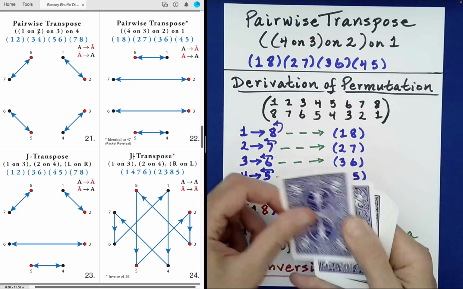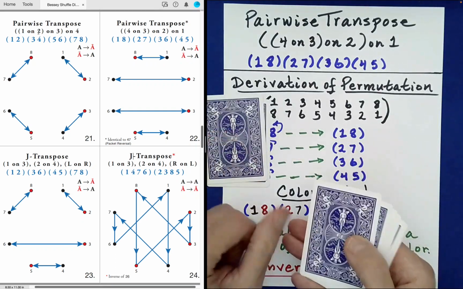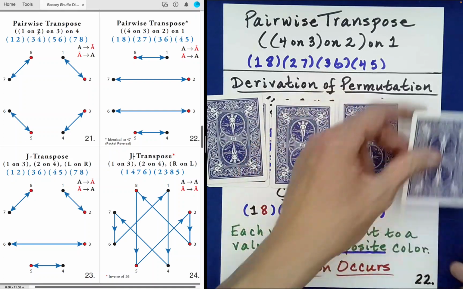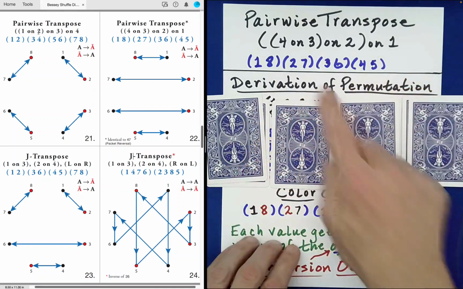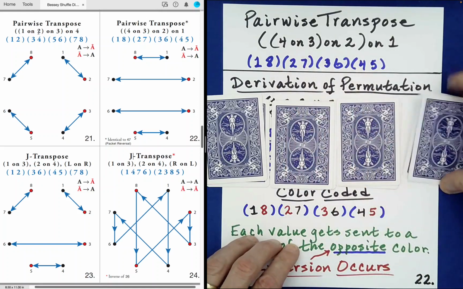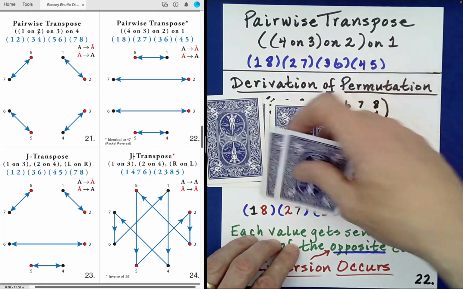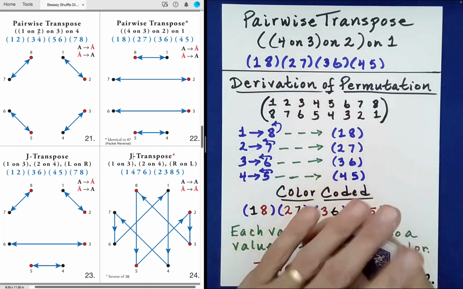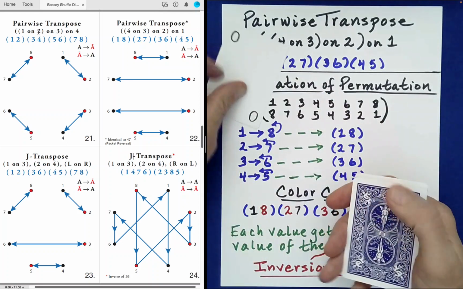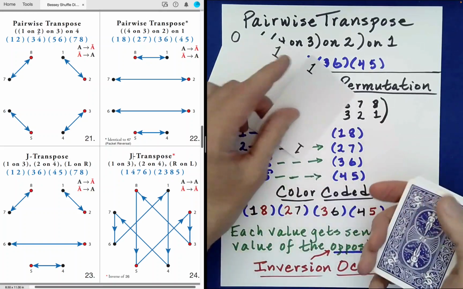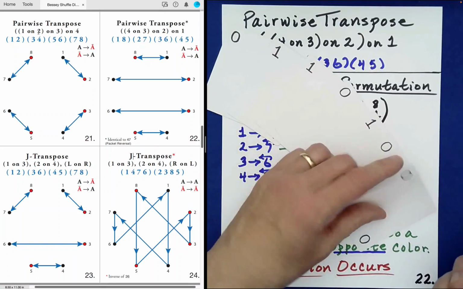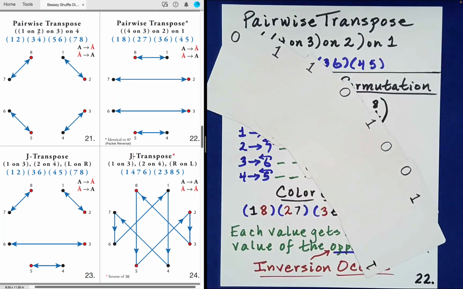So once again, you deal 1, 2, 1, 2, 1, 2, and then 1, 2, and now here we're stacking from right to left. So what we should get is the inversion. So we should get 0, 1, 1, 0, 1, 0, 0, 1, and we do.